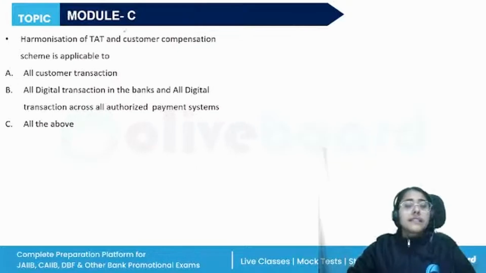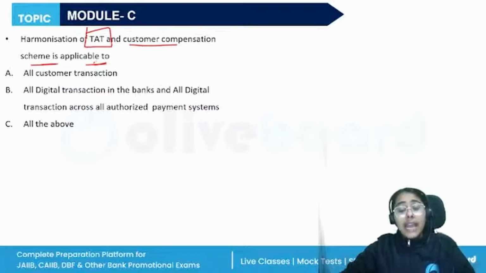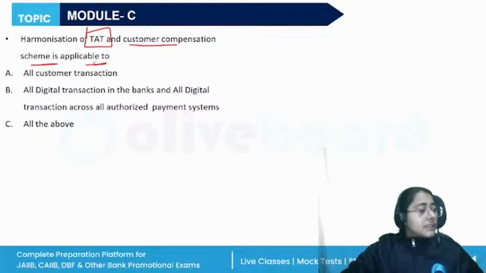Next, harmonization of the turnaround time and customer compensation scheme is applicable to. So RBI has given the guidelines for harmonization of turnaround time. The time taken for the completion of a service right from the application to the service finally reaching the customer.